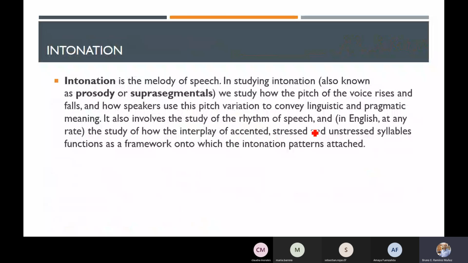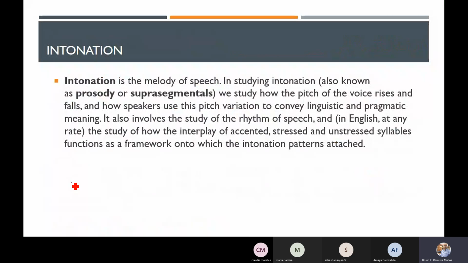So intonation is about rhythm also. Rhythm and intonation are connected, because when we use intonation, we use a specific pattern that communicates to the listener my mood, my emotion about what I'm saying.